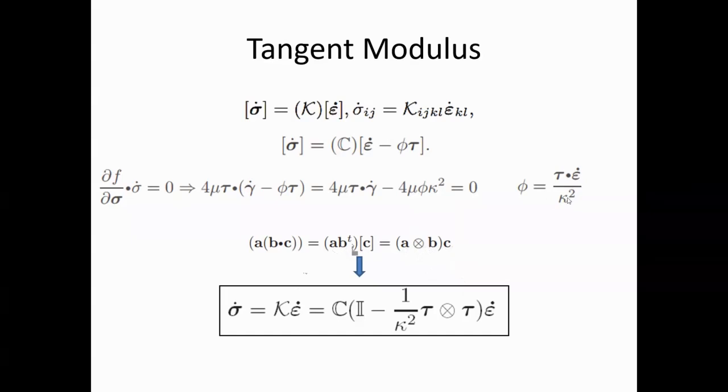A is nothing but tau, which is 9 quantities. Tau transpose is 9 quantities. So if you have a column times a row, you'll get a 9 by 9 matrix.